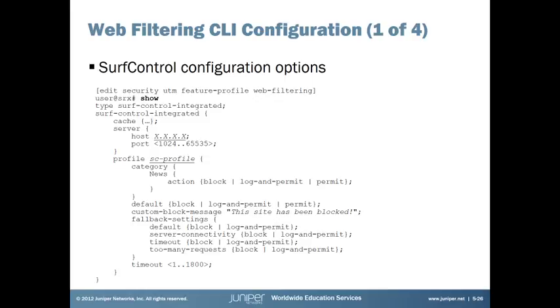We're looking at our SC profile, Surf Control profile, categories, news, and the action is either block, log-and-permit, or permit. We've also got a default of block, log-and-permit, or permit there. We can choose what the default action is going to be. We can choose what the block message is going to be, and fallback settings.